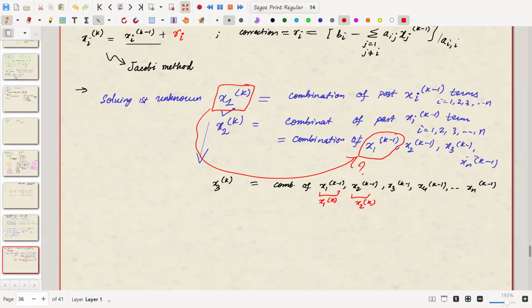So now we are learning a new method after Jacobi. Jacobi is not doing it. Jacobi is always taking the past values. But to improve the Jacobi technique, Gauss and Seidel saw that Jacobi was using the past, even if the future state was available.